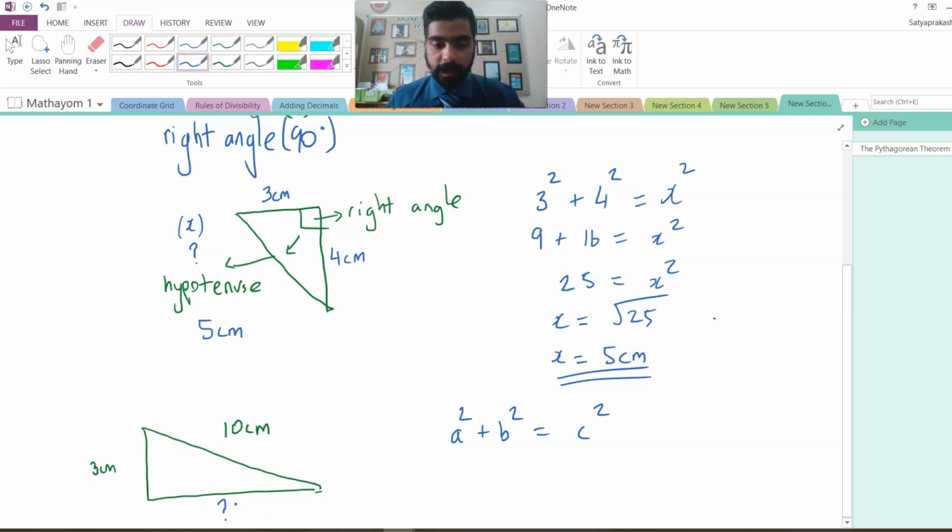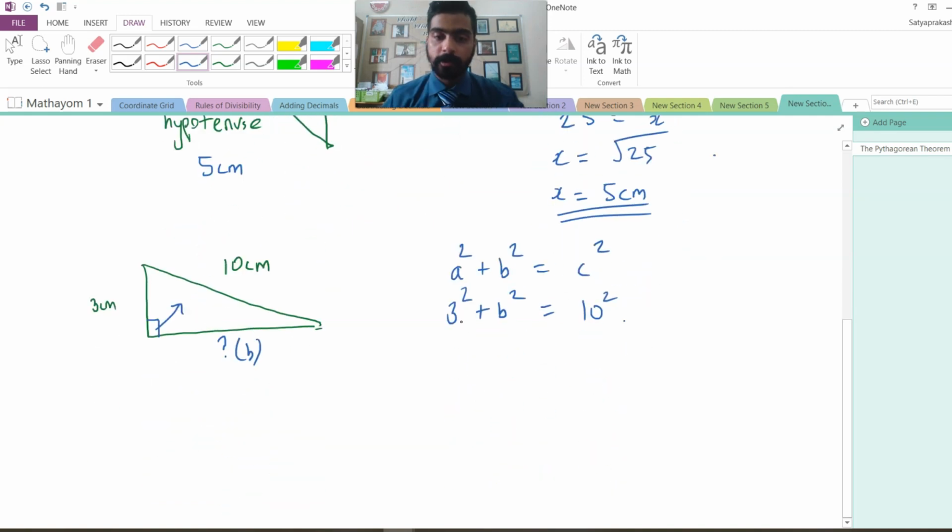So let's say in this case, I would take this side as b. When we substitute the lengths, we have 3 squared plus b squared is equal to 10 squared, in which case 10 is our hypotenuse, which is opposite to the right angle.